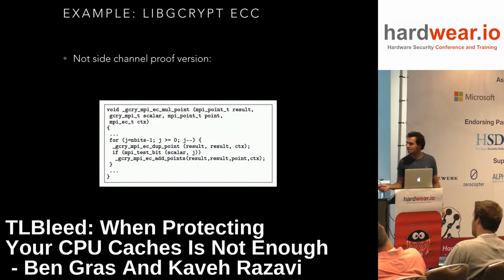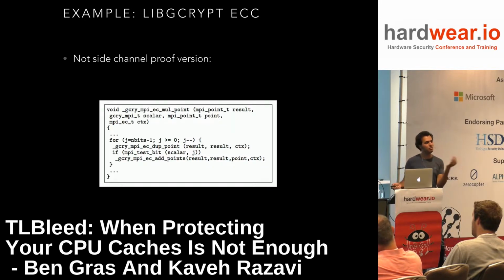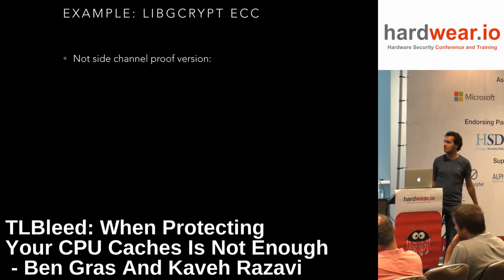If this bit is set, then there is an addition operation that happens, right? If we can detect whether this addition operation is happening, it means that this bit location is 1, and otherwise it's 0. So let's look at what happens when we give an input to this function, from the point of view of the cache.